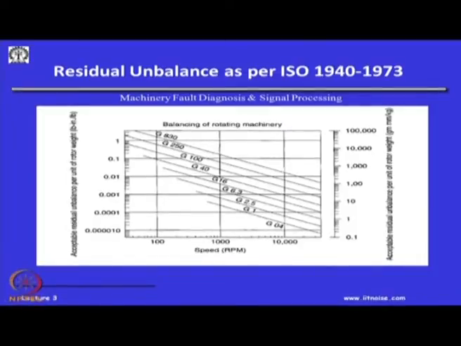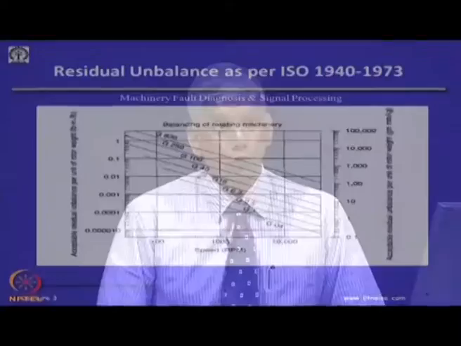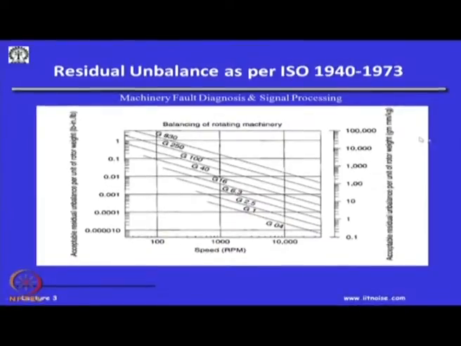So, depending on the grades of unbalance, this chart is given as per the ISO 1940 standard. They have classified the grades of unbalance as to how much is acceptable, how much is not, when we should go for balancing and so on.